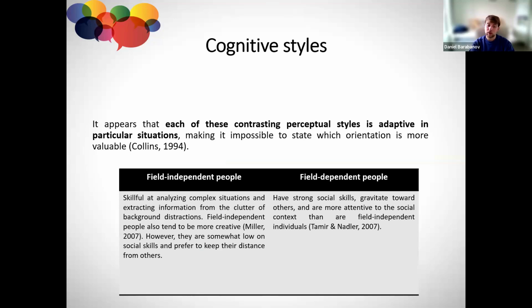They are often more creative, but field-dependent people, on the other hand, have much better social skills. And it's also an important factor of success. So it's always good when field-dependent and field-independent people collaborate with each other and help each other so they can share their strengths, not always compete.